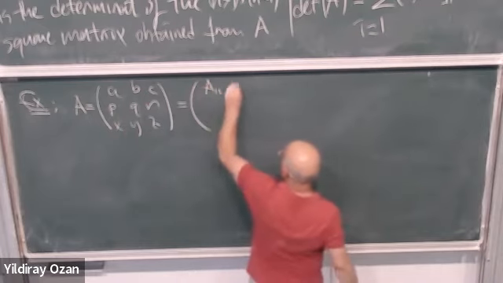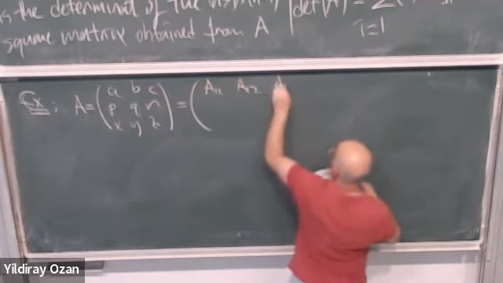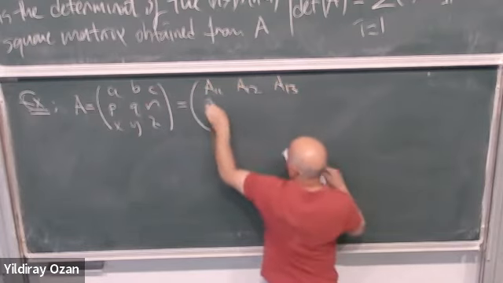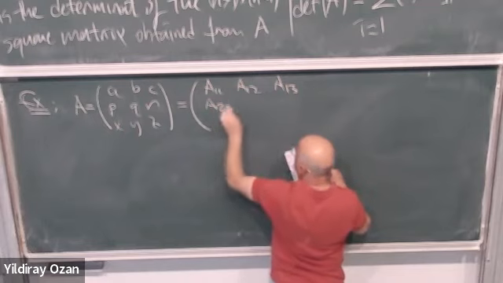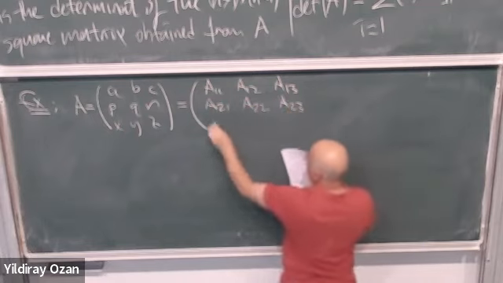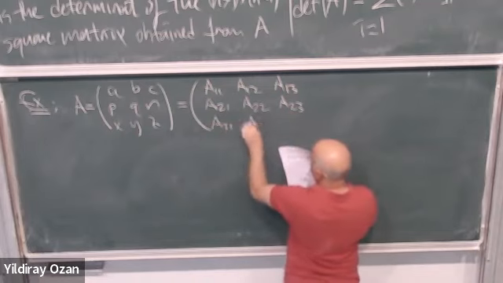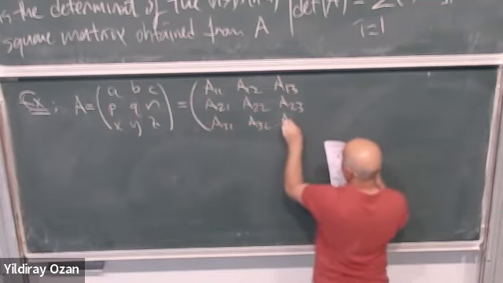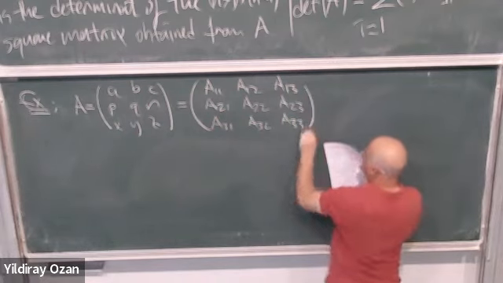So this is A11, A12, A13, A21, A22, A23, A31, A32, and A33.